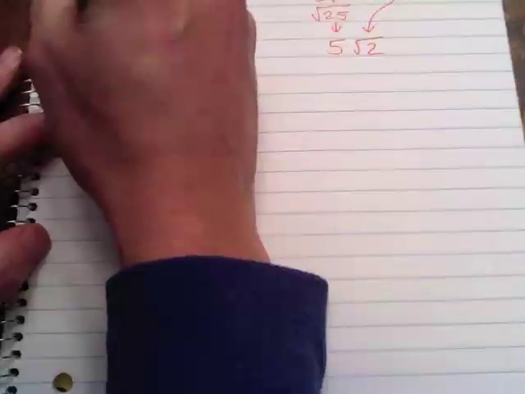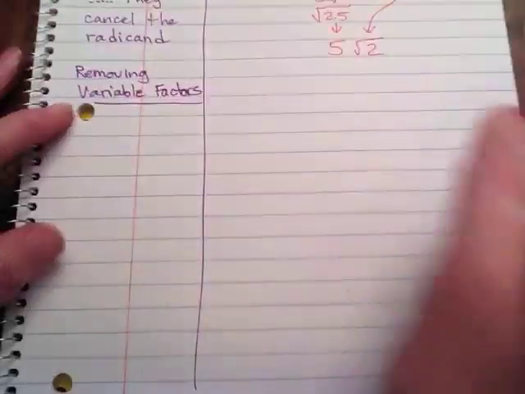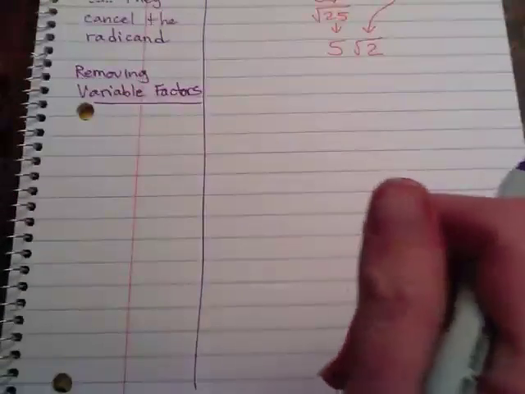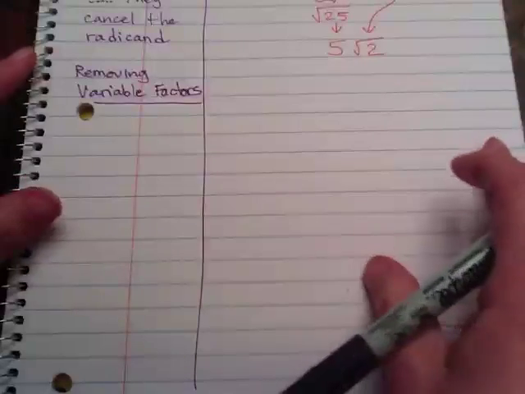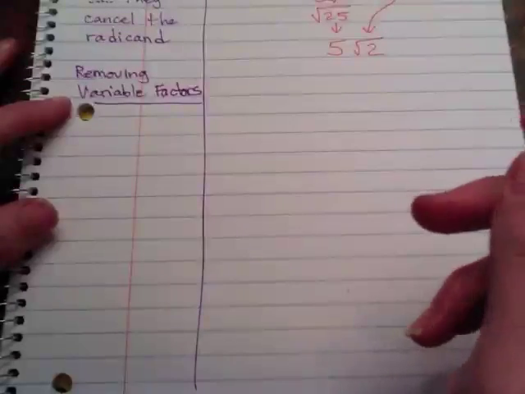Okay, there's another thing that we're going to look at. This is when we have variables. You've already been doing this a little bit when we've been talking about the square root of x squared, so this shouldn't be difficult for you. It's just talking about when we have something other than x squared all the time.